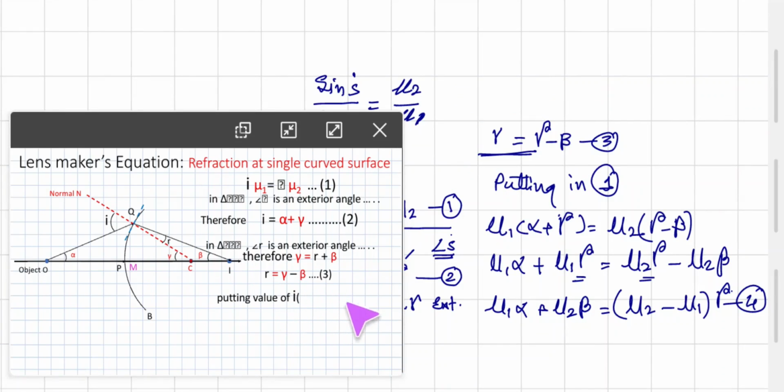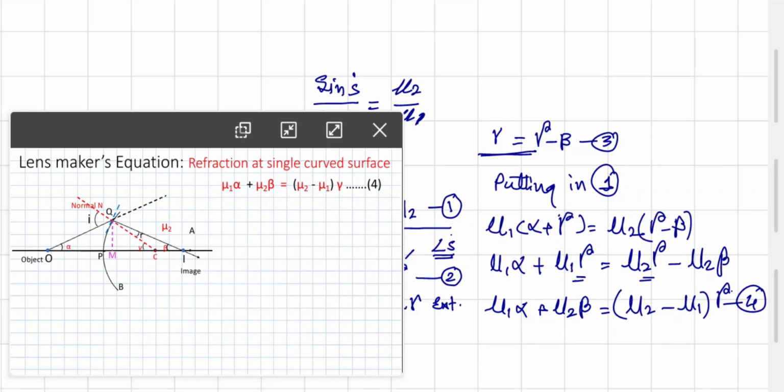Just putting the values of I and R in equation 1, we get mu1 times alpha plus gamma is equal to mu2 times gamma minus beta, which we already saw. So here it is mu1 alpha plus mu2 beta is equal to mu2 minus mu1 times gamma, that is equation 4.